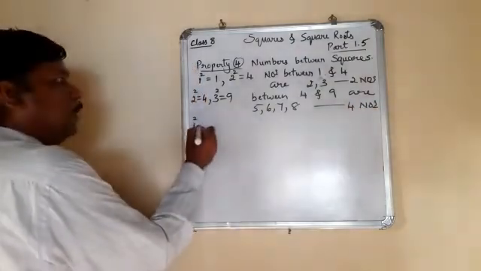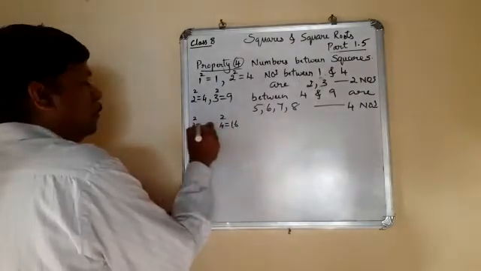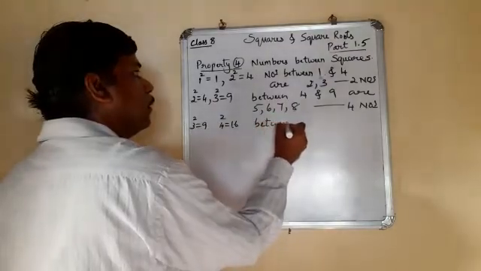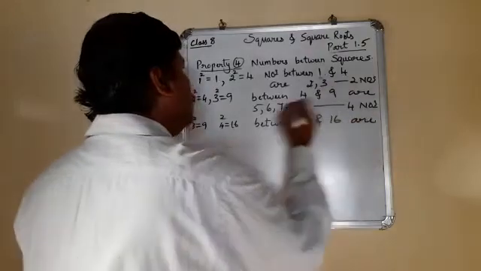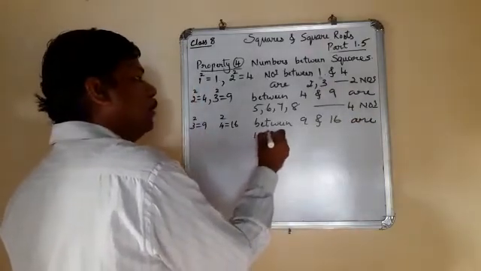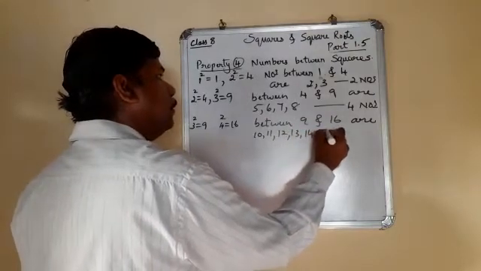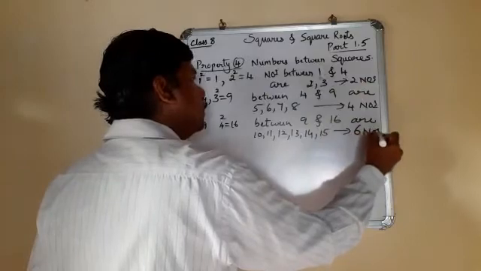Between 3 square and 4 square, this is between 9 and 16 are 10, 11, 12, 13, 14, 15. So there are total 6 numbers.